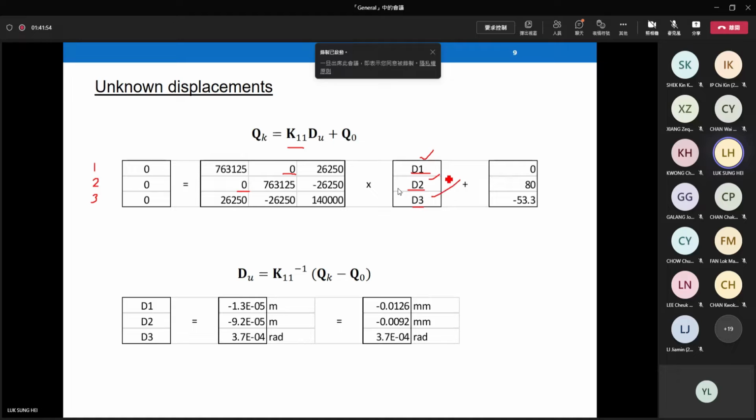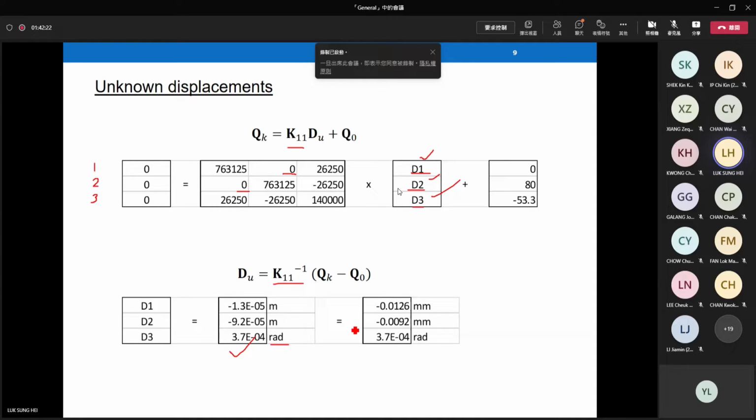Or if you have Excel, you may use Excel to find the matrix inverse and then solve it with matrix multiplication. This gives you the displacements D1, D2, and the rotation D3. We use radians for rotations. Very classical examples.